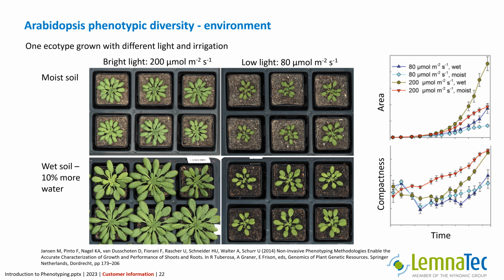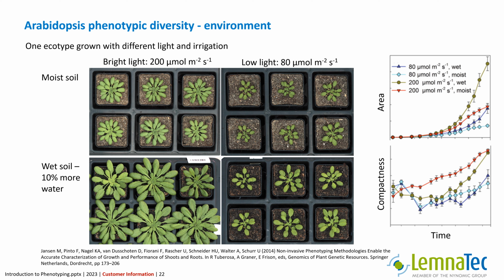The other way around, no difference in genetics, but difference in environment. Again, Arabidopsis plants, they look different, but in this case it is about having differences in water availability, moist soil or wet soil with 10% more water, or bright light and low light.